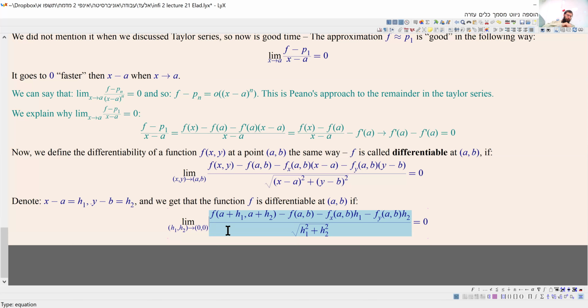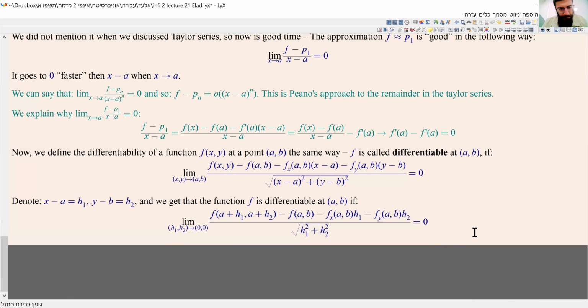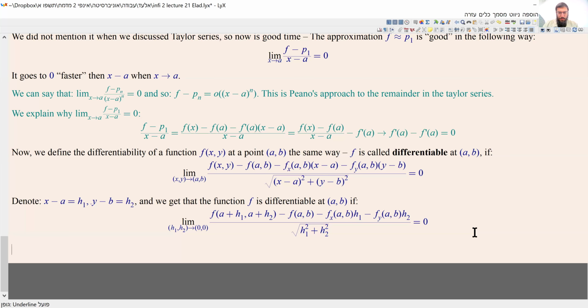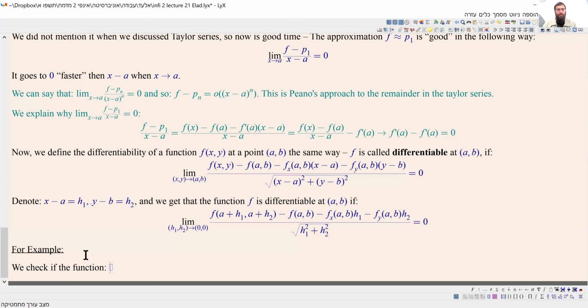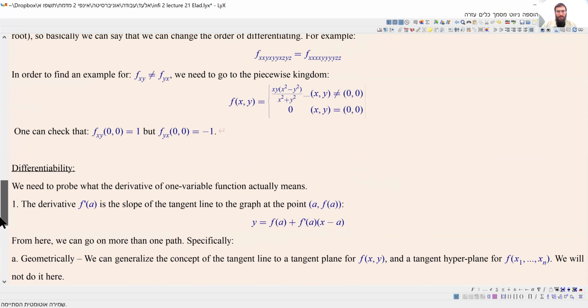As it should be. But after we look at some example, it should be the other way around. So let's start with an example, okay? For example, we check if the function f(x, y) is, let's take something that we've already calculated its derivatives.